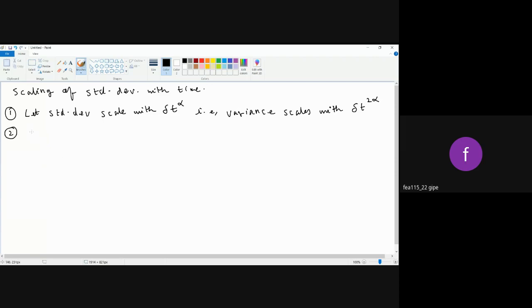Now, can I say that from time 0 to small t, there are t by delta t number of steps, i.e. t by delta t number of returns.